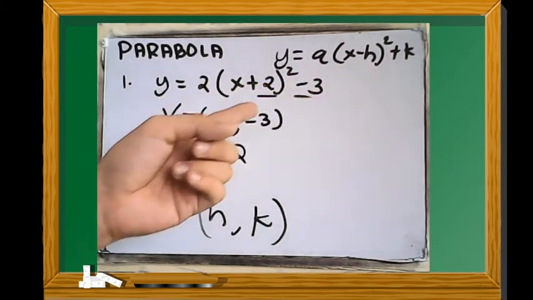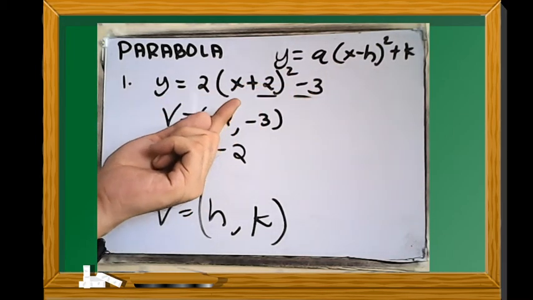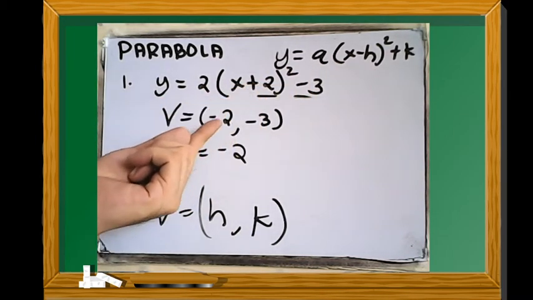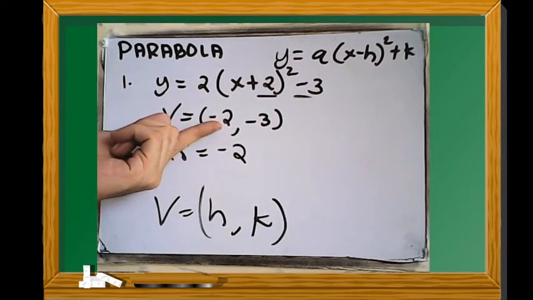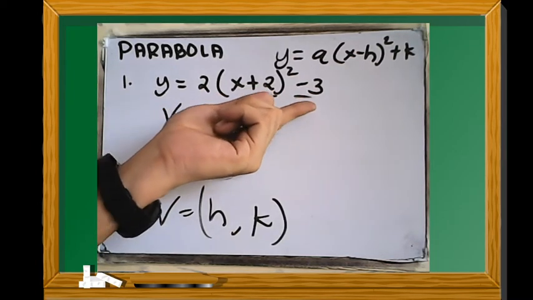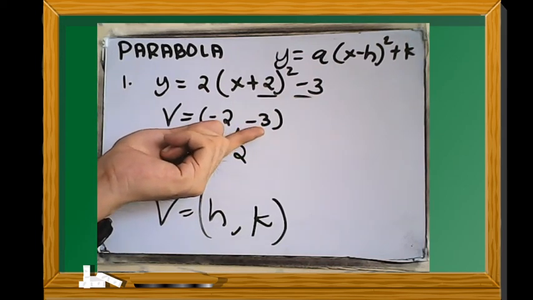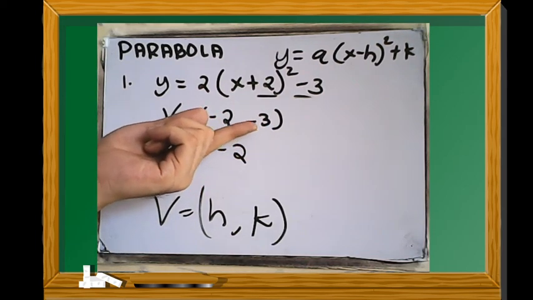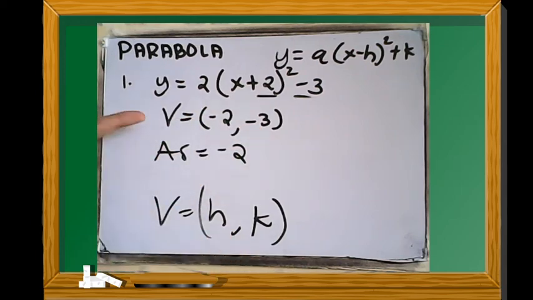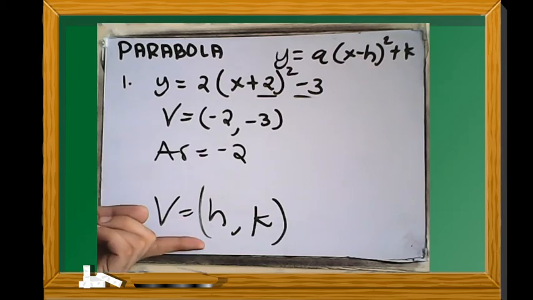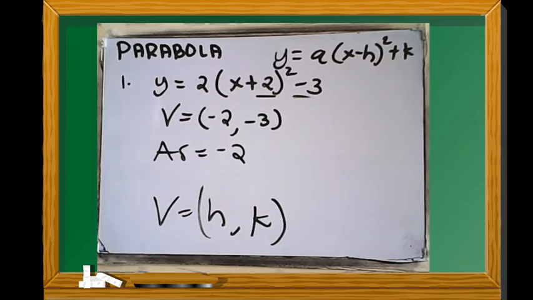So h, we just change the sign from positive 2, so plus 2, so it will become negative 2. And then minus 3, as is lang siya, gawin lang natin sign yung operation. So magiging negative 3 siya. So that is the value of our vertex. And then for axis of symmetry, that is just simply the value of our h.